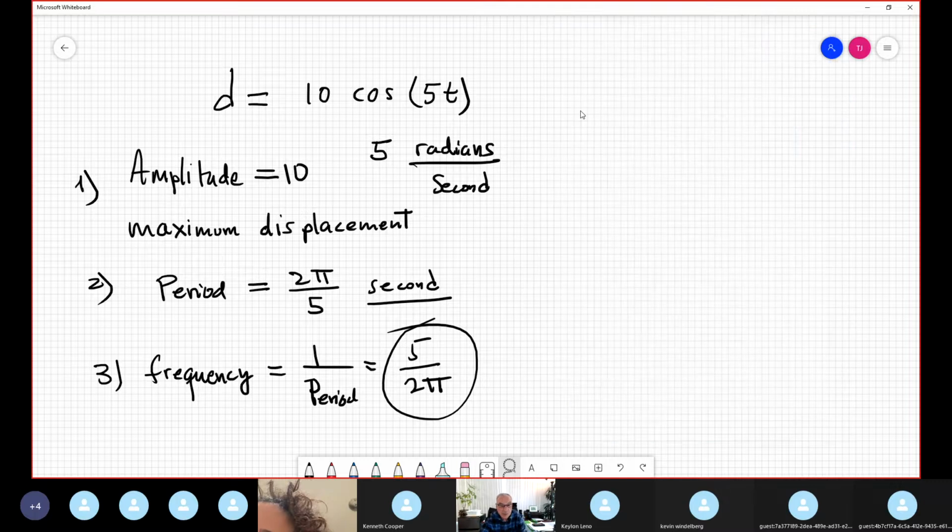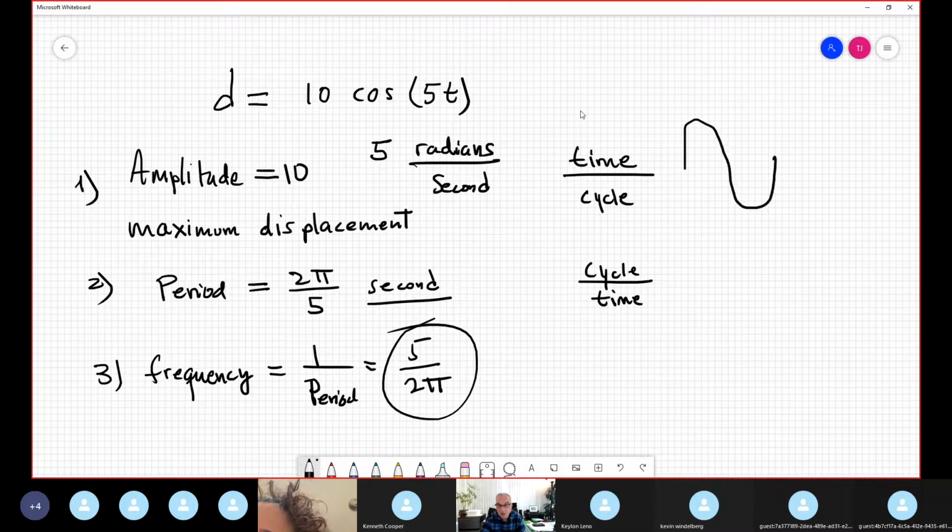The period is the time per cycle. If you flip that, it's cycles per time. So the interpretation of the period is one cycle, the duration of this.